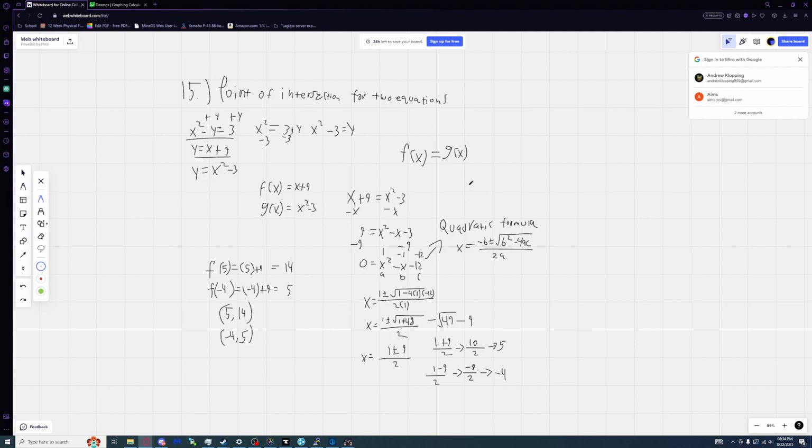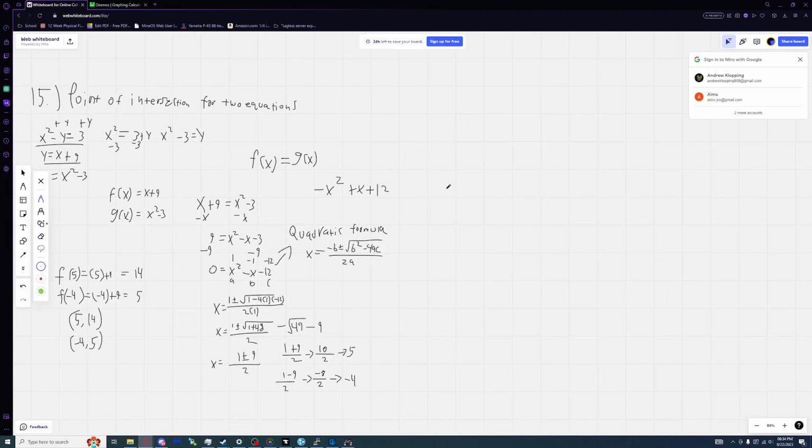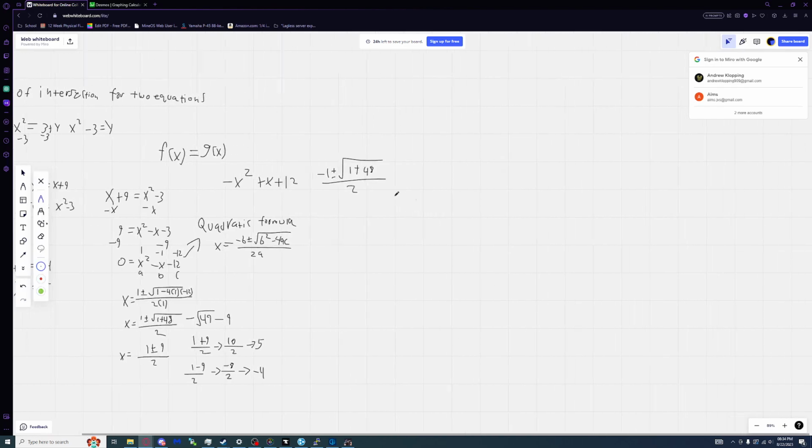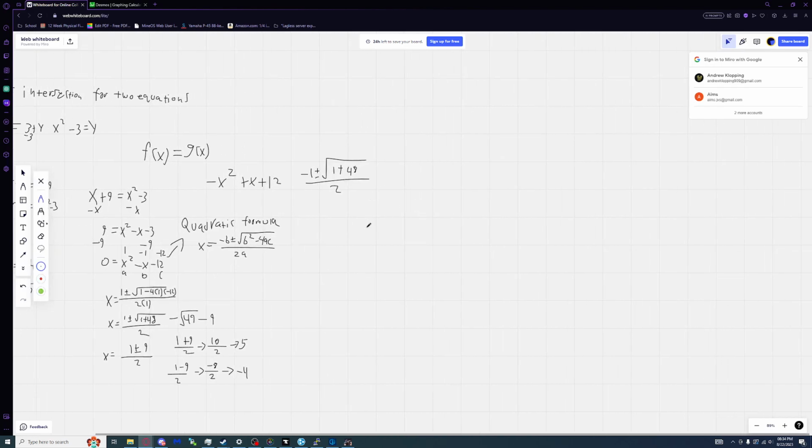Let's try this the other way, where we make negative x squared plus x plus 12, which gives us x is equal to negative b plus or minus the square root of b squared minus 4ac, plus 48 all over 2. This gives us 9 still.